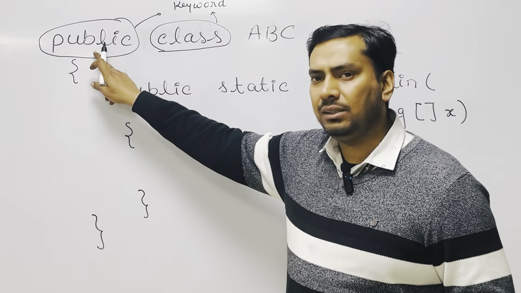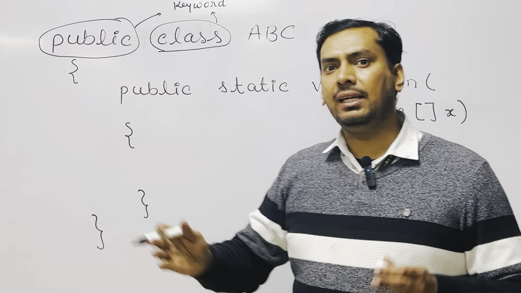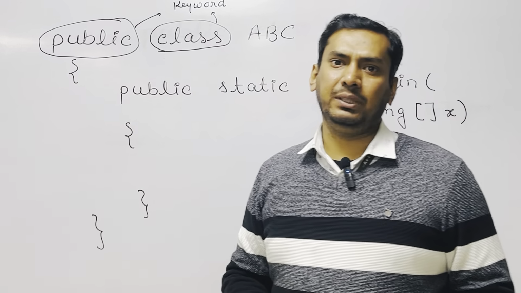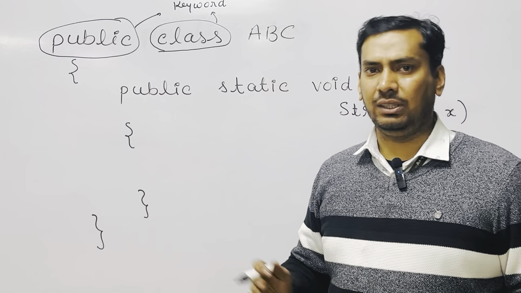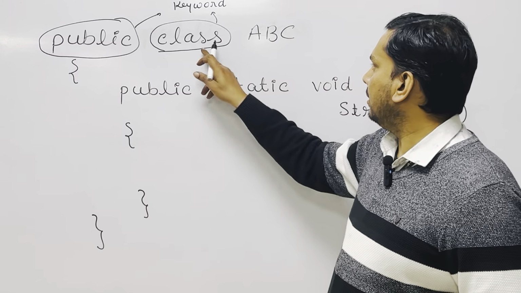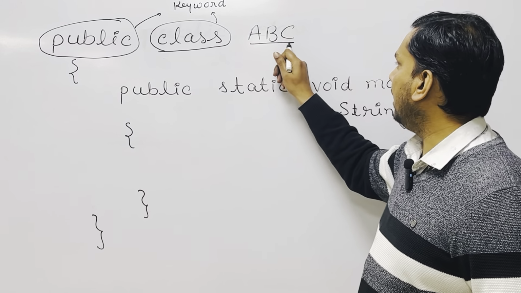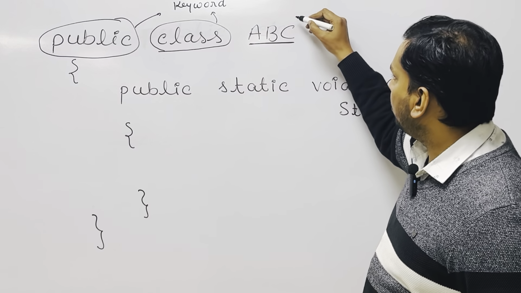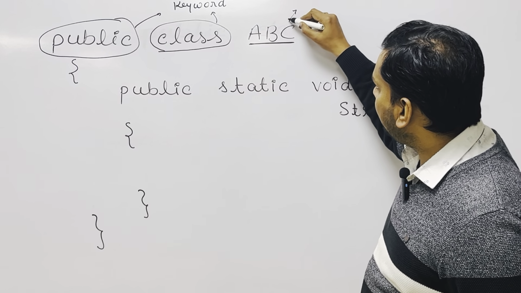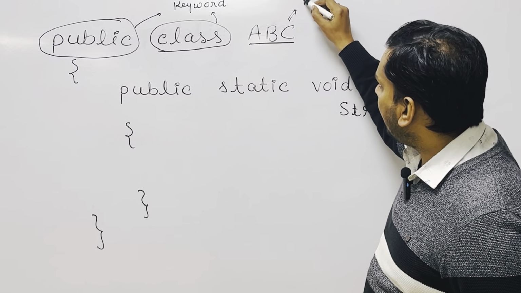Public is a keyword which is used to declare the accessibility of any particular member of your class or a class. Then third thing is, here I have taken some name. In programming, if you take any name, that name is called an identifier.